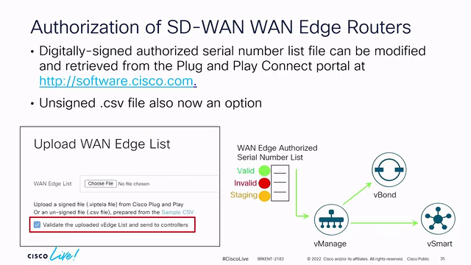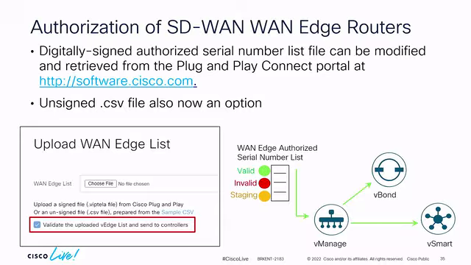Now, when we upload our WAN edge list, we have a little checkbox here that says, validate the uploaded vEdge list and send to controllers. If we forget to click that box, once we upload our authorization list, all those devices that get put in there will be in an invalid state, meaning we basically made their certificates invalid.